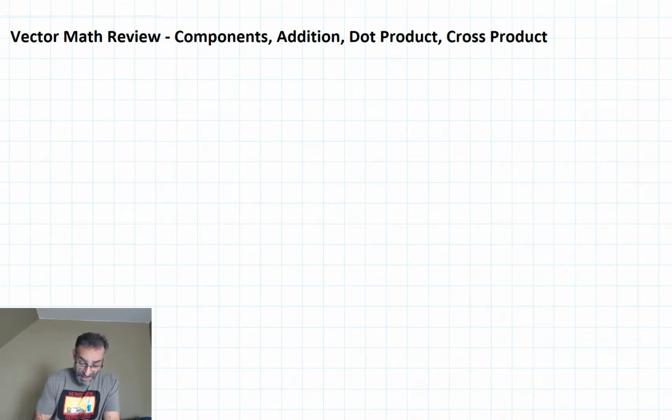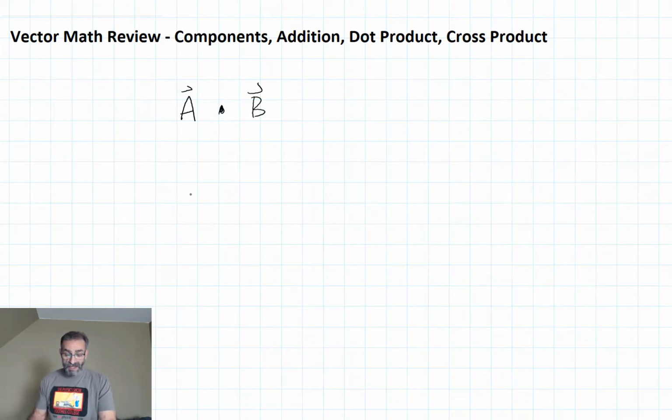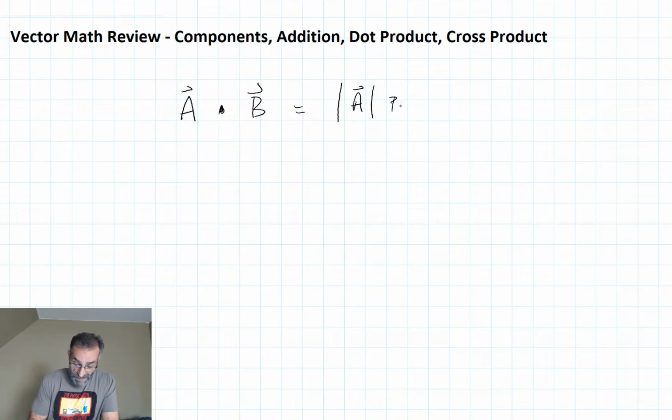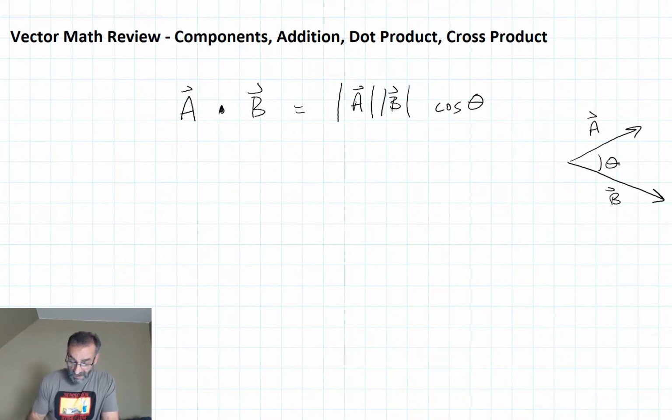So if vector A and vector B are combined with a dot product, this is also called a scalar product because we take two vectors in and return a scalar. This gives us the magnitude of A times the magnitude of B times the cosine of the angle you get when you put their tails together. That would be theta in this case.